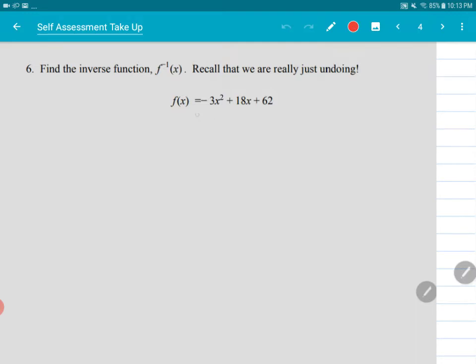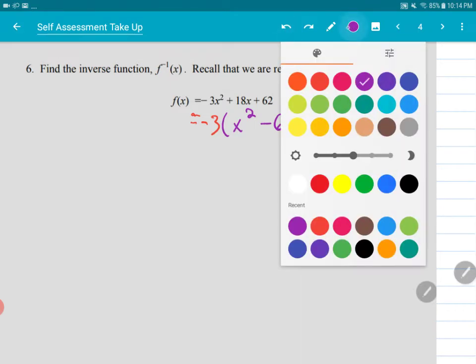So let's recall that we have to first factor out that negative 3 from the first two terms. So I'm going to take that negative 3 out, and I'm left with x squared minus 6x plus 62.